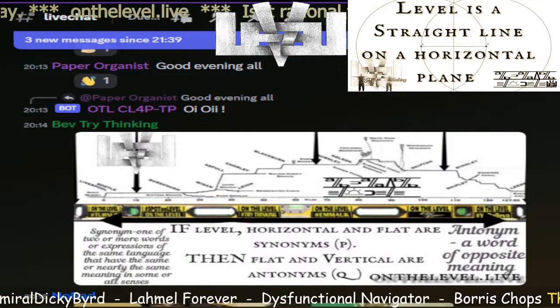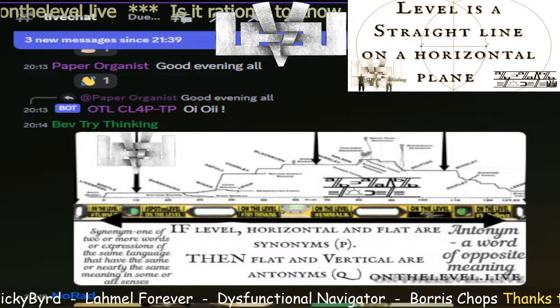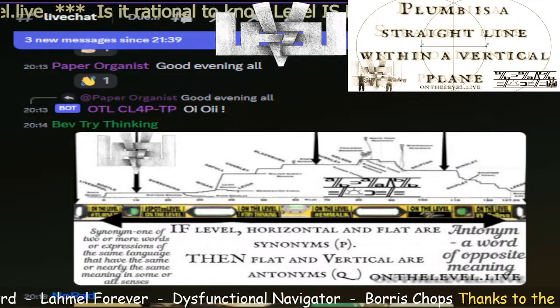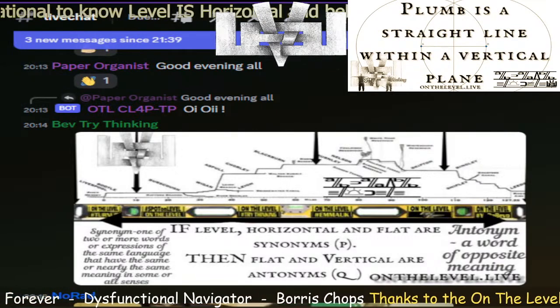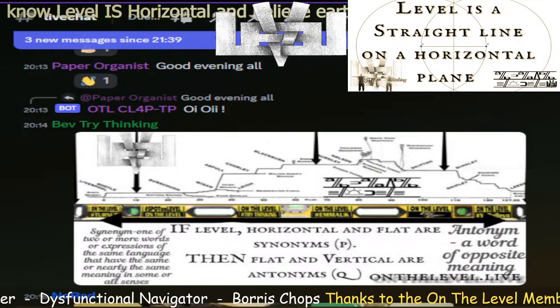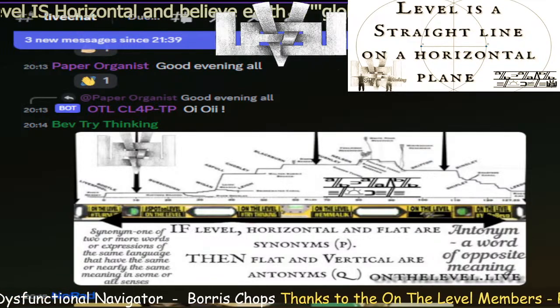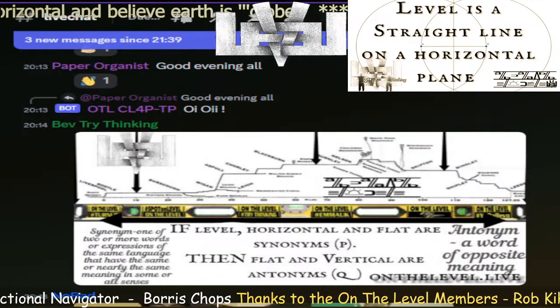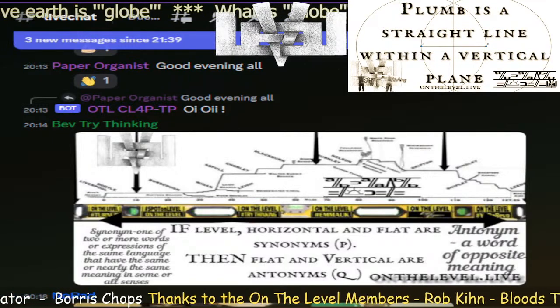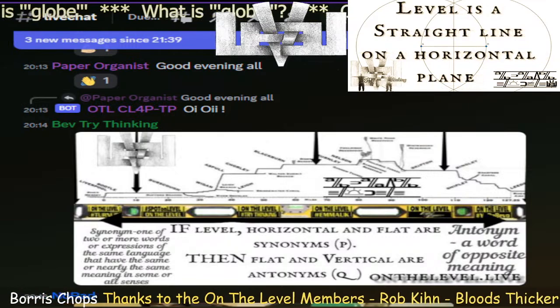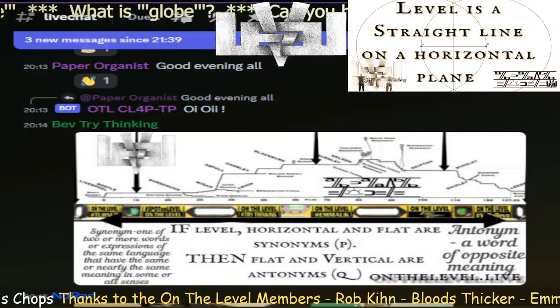Many times. But taken logically, whichever way you come out of this, you come out of it with the conclusion that vertical is opposed to flat. There's no other way to take it.